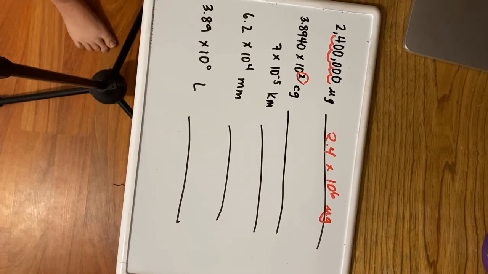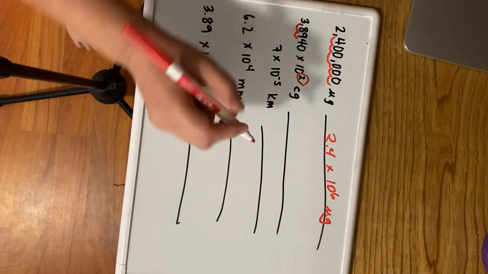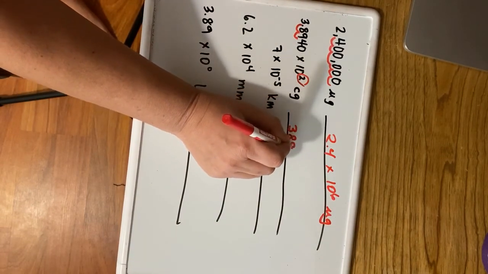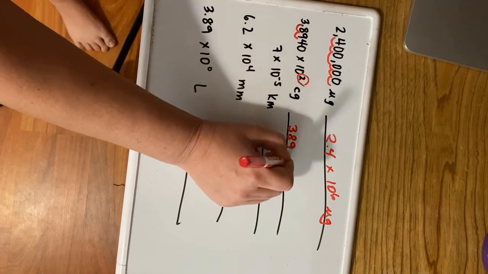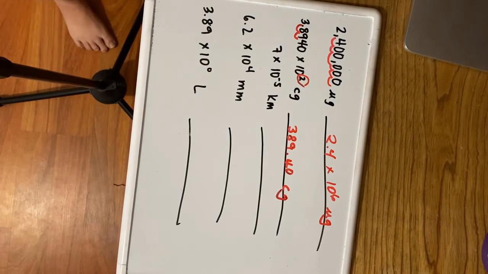Because it's larger than 1, we want to move to the right. So we're going to move to the right 2 places. 1, 2. So you end up with 389.40 centigrams. I moved 2 times to the right.